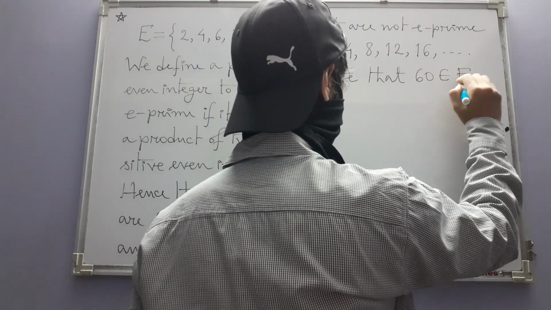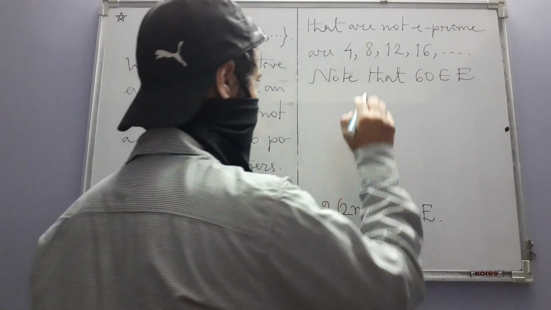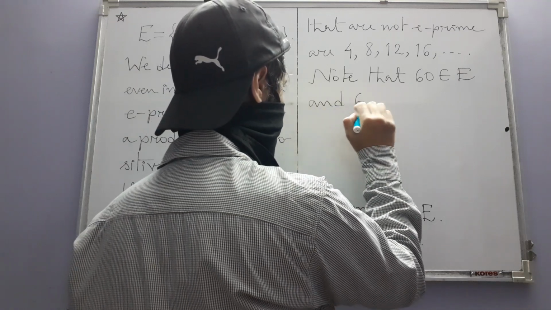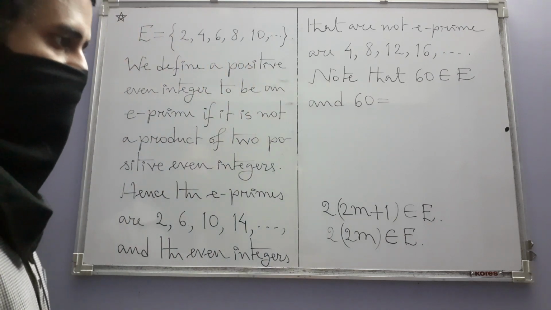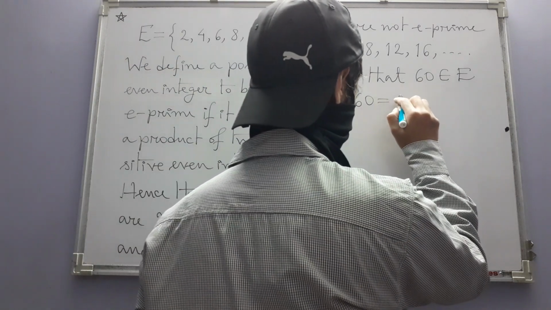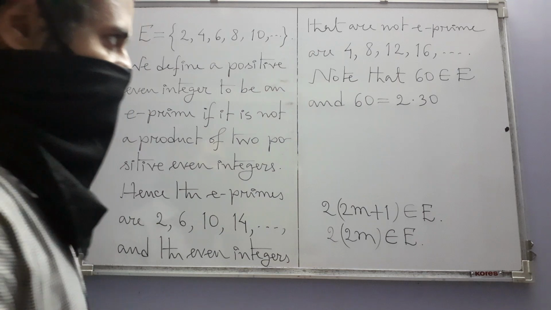Note that the number 60 of course belongs to E, it's an even positive integer, and it can be factorized as a product of E primes in different ways. One of them is 2 times 30.